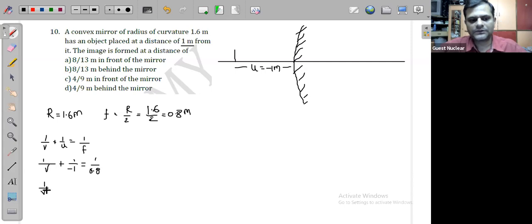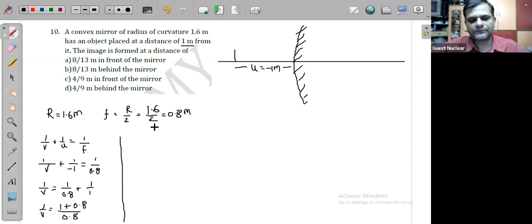Now, in order to find this v, we can just transfer this -1 to that side, so that we get 1 upon v is equal to 1 upon 0.8 plus 1 upon 1, means 1 only. So 1 upon v, if we solve by cross multiplying, we get 1 plus 0.8 divided by 0.8. That is the value of 1 upon v.